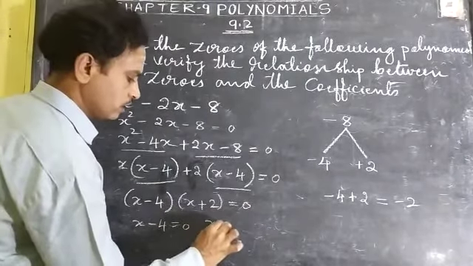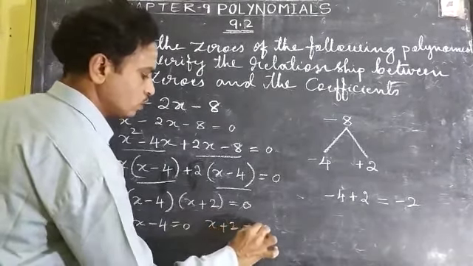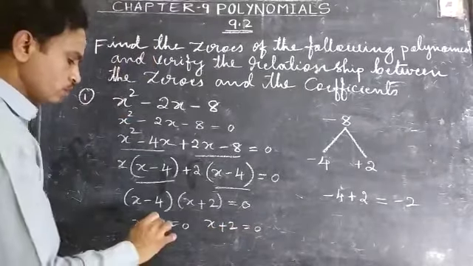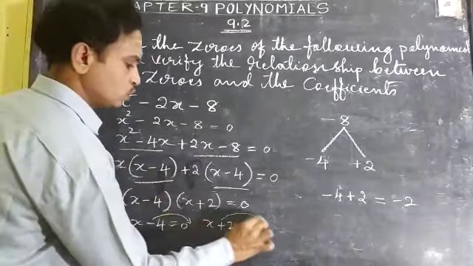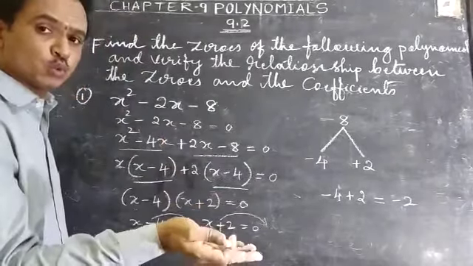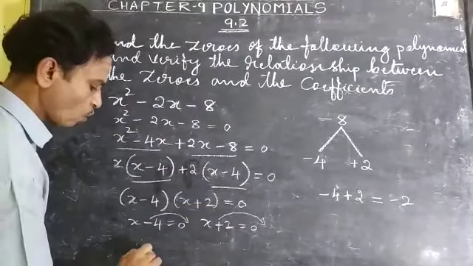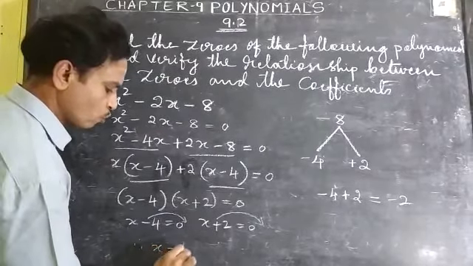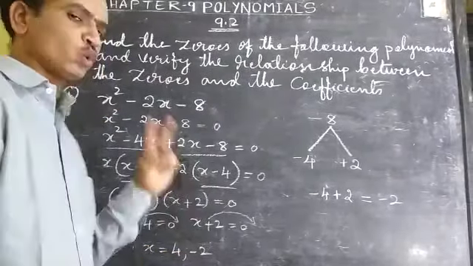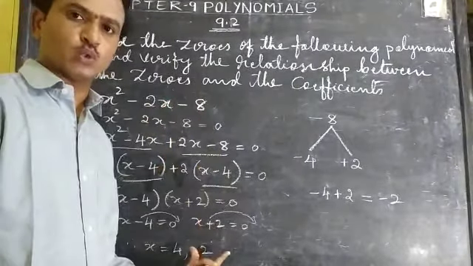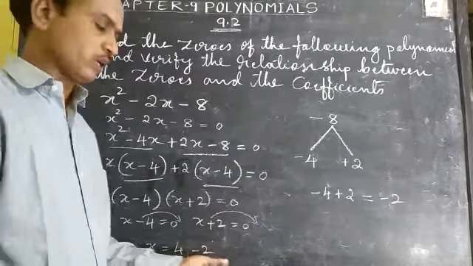Then x plus 2 is equal to 0. Minus 4 you should take to the RHS side, it becomes plus 4. Plus 2 you should take to the RHS side, it becomes minus 2. So therefore x is equal to 4 and minus 2. We got here two roots, two zeros, alpha and beta.